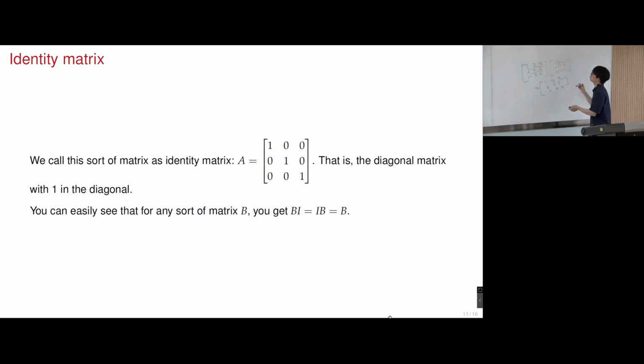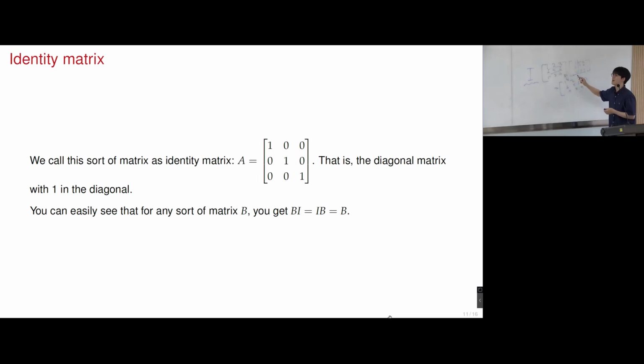Okay? And this holds even if you put the identity element, which we denote by I here, on the other side. In this case, the order of the matrix multiplication doesn't matter, okay? But also be aware that in order for the matrix to be the same, it has to be a square matrix in this case.